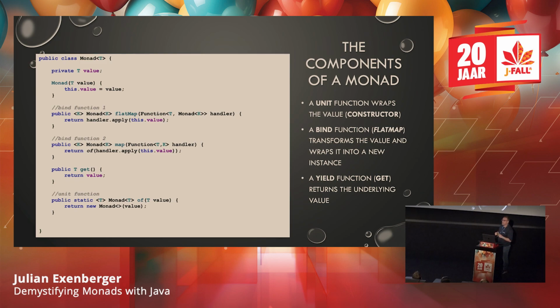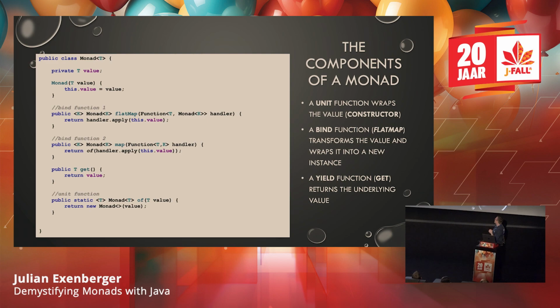You also have a bind function. And in our case, that is called flatMap. And flatMap basically takes whatever value you've stored inside your monad, applies a function to that, which takes the result of that function and wraps that result in a new monad.